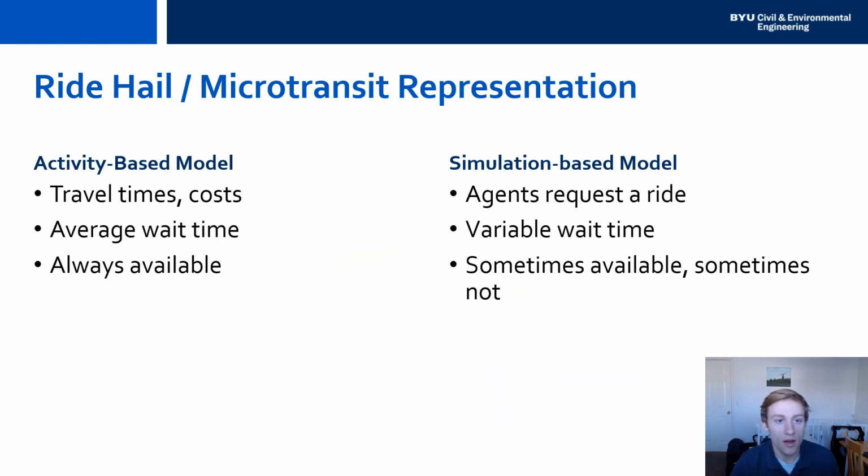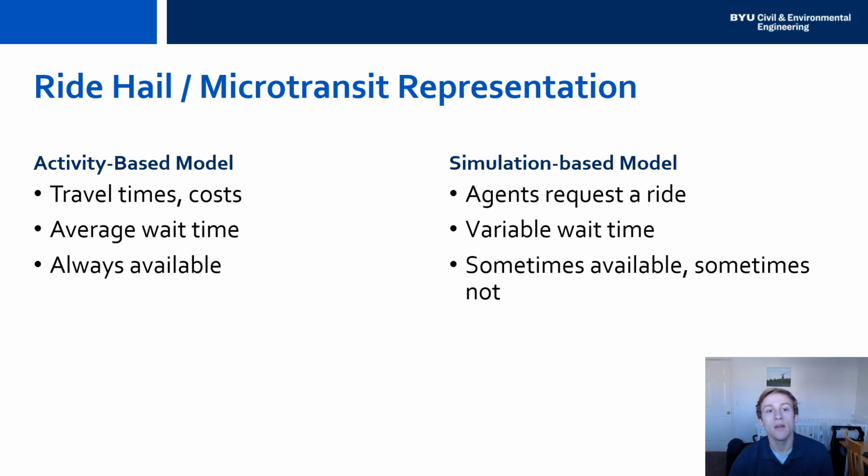Now, a possible thought for creating this consistency could be to simply not use a multi-agent simulation, but instead only use the activity-based model as the primary source for modeling the travel behavior. We've opted not to do this though because activity-based models in nature do not represent ride-hail and microtransit services very realistically.